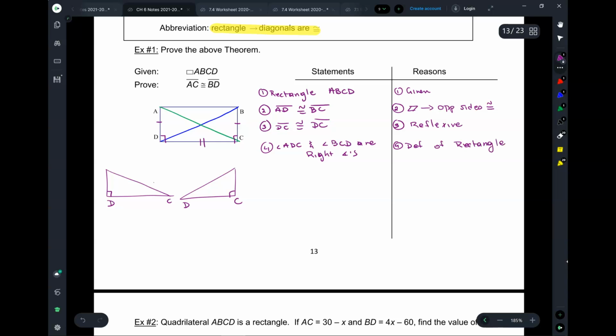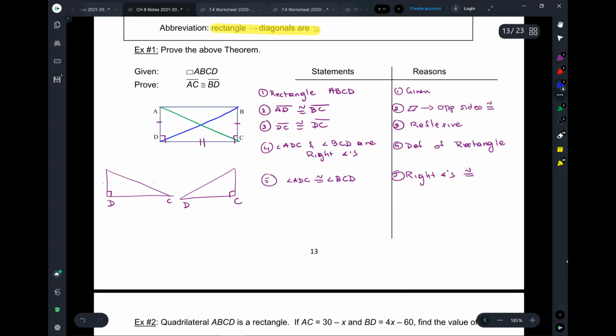Okay? Now, if those two are right angles, then we know that they're congruent to each other. Angle ADC is congruent to angle BCD. Right angles are congruent.